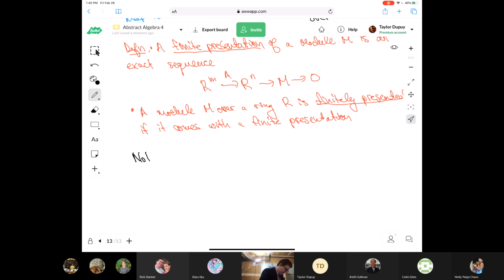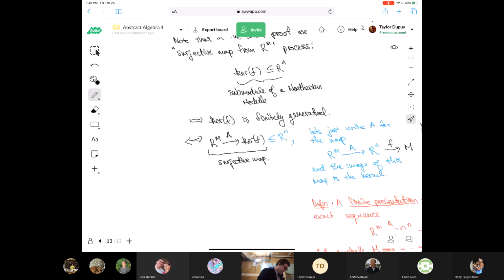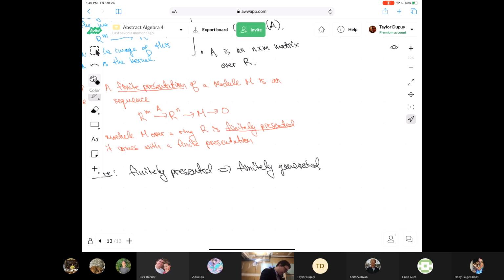Okay, so let's go back over here. So now we've kind of gone here. Well, I guess we can still go this way. So note that, yeah, you're right: finitely presented implies finitely generated. Okay. Let me just say something else here abusively.